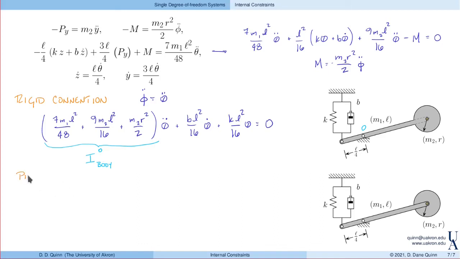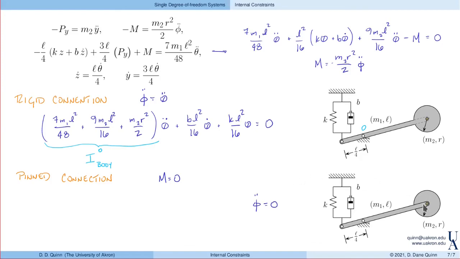Now, if we have a pinned connection, well, in this case, the moment vanishes. So M is equal to 0. So here we find that phi double dot equals 0.